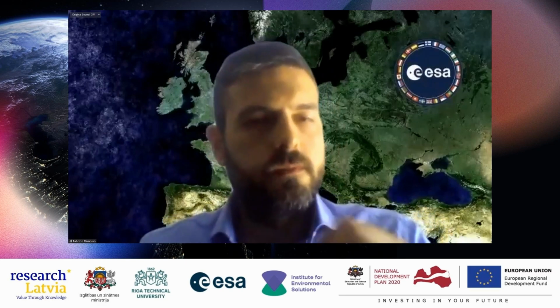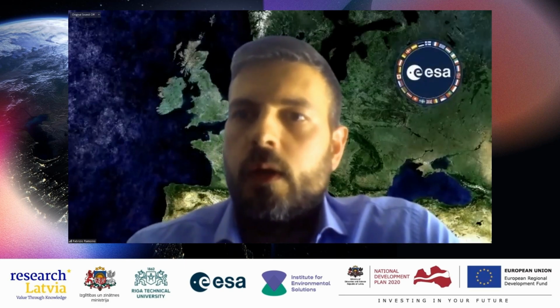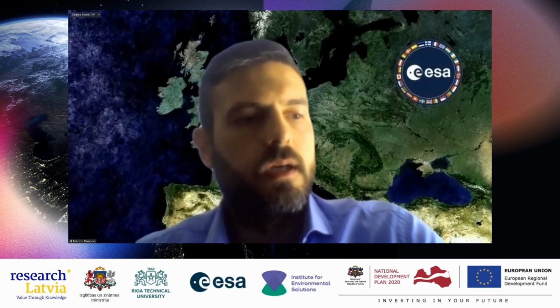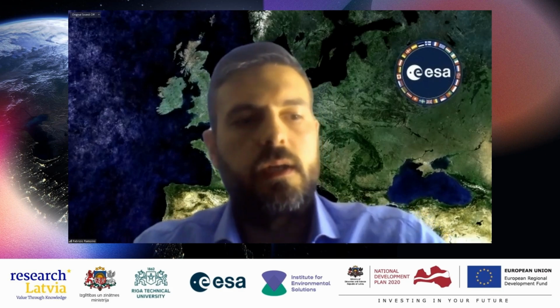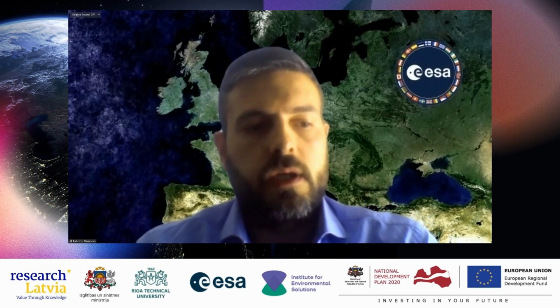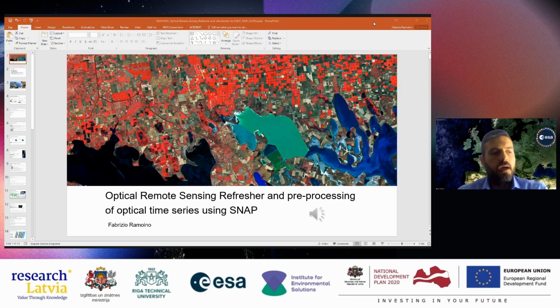Thank you, Francesco. Welcome to everybody. So as Francesco said, in the first part there will be a short refresher of optical remote sensing, and after the basics of optical remote sensing and how to retrieve radiometric indices and biophysical variables, there will be a short introduction on ESA-SNAP software. And after we'll stop a bit for questions.